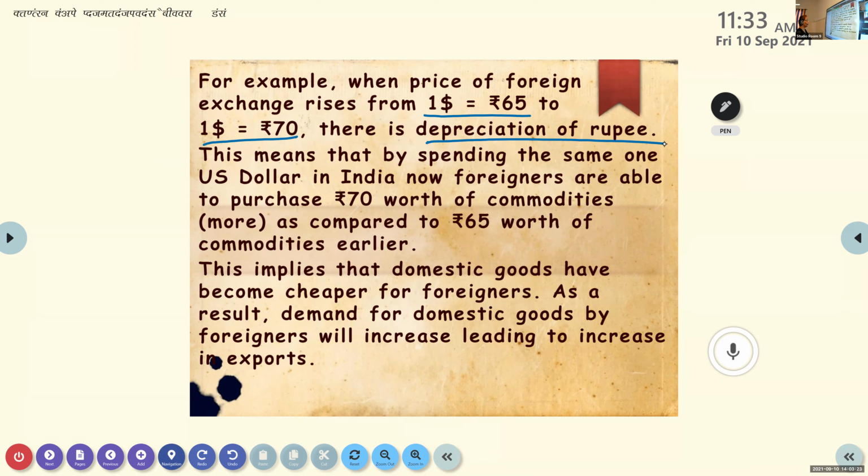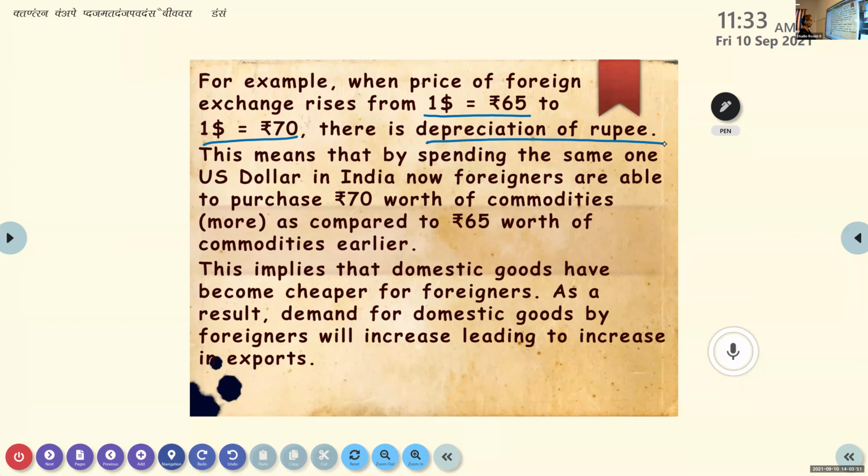Foreigners are at an advantage, because before they could use only 65 rupees to buy things from our country, and now they are getting 70 rupees worth of commodities in their hand. But our currency is depreciated here.